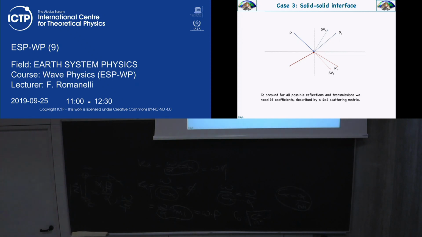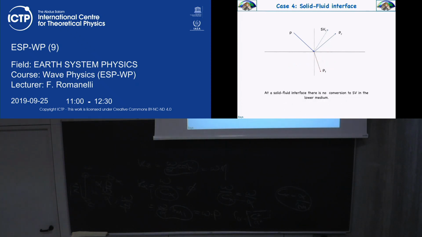Okay, it's too boring. I hope you know what you should or could do. Write the potentials, write displacements, write strains, write stresses, and apply the boundary conditions, and you could have a sort of a scattering matrix.